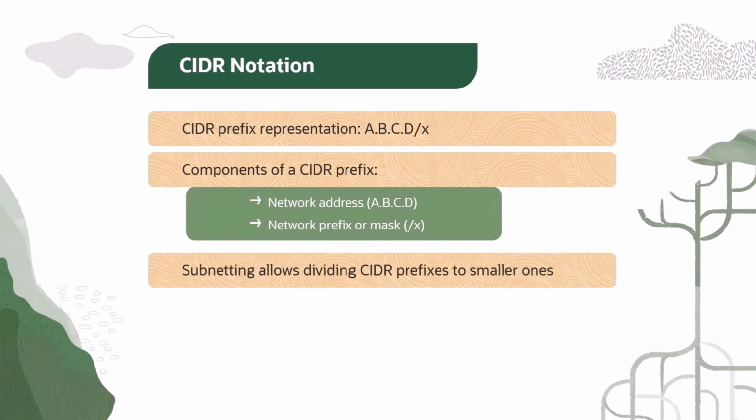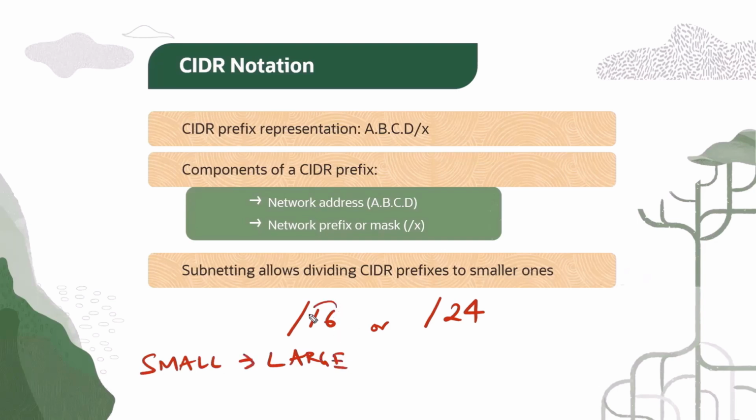Using subnetting, you can divide a larger network or a CIDR prefix into smaller ones. And remember one thing here: if you are presented with two networks, /16 and /24, and you are asked which is the larger network, remember, small means large.